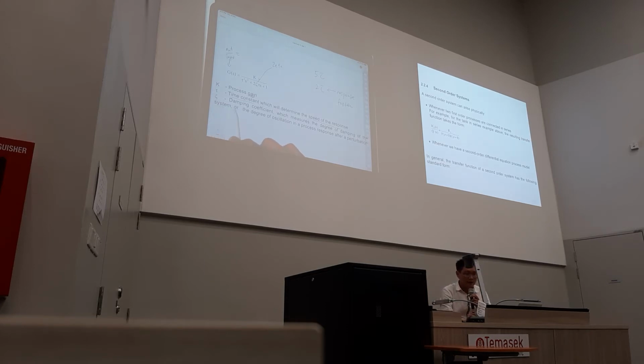The zeta that we have here is actually another coefficient. We call it the damping coefficient. The damping coefficient measures the degree of damping of the system, or the degree of oscillations in a process response to a perturbation.